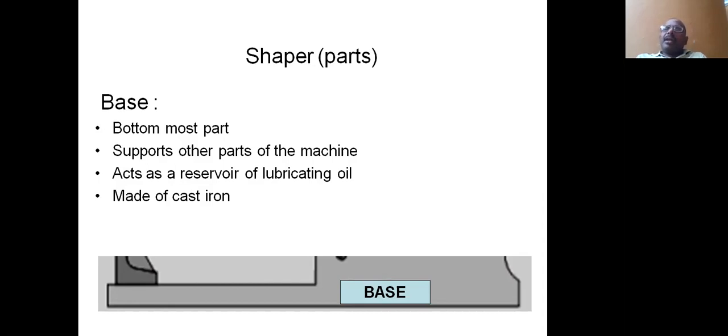So remember, cast iron has two important properties. What is the first important property? Cast iron is easily castable. The second is that cast iron can absorb vibrations very easily. Based on these two reasons, this base is made with cast iron. Remember, it is very, very important.